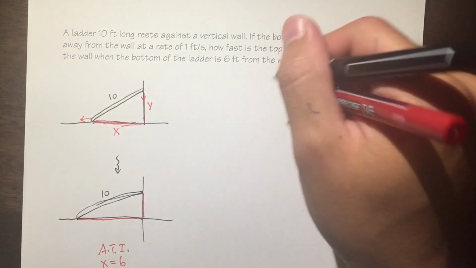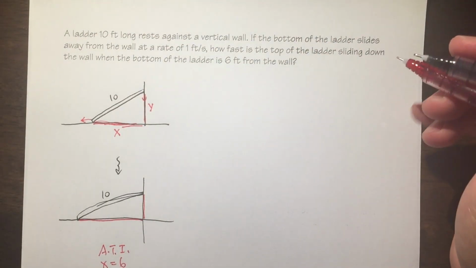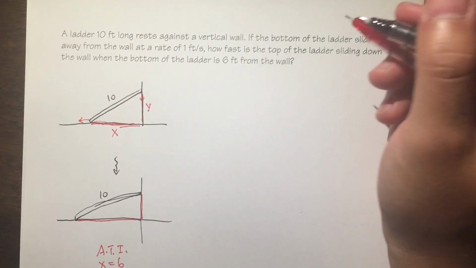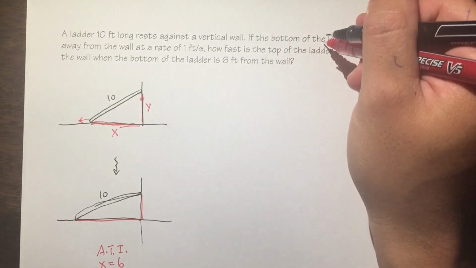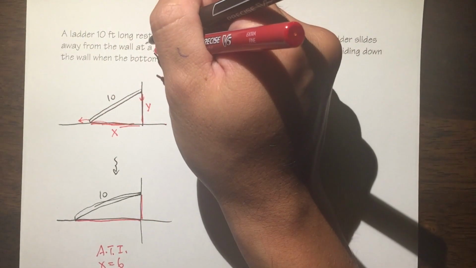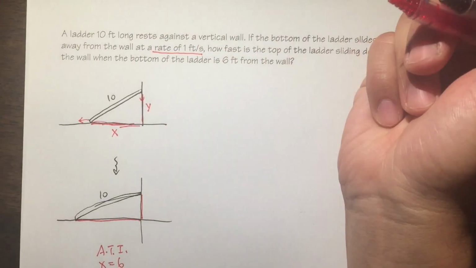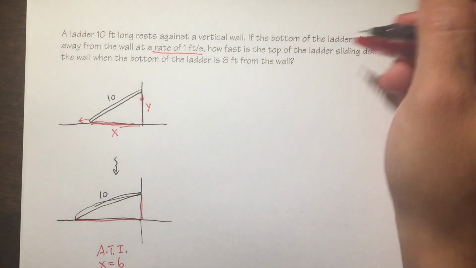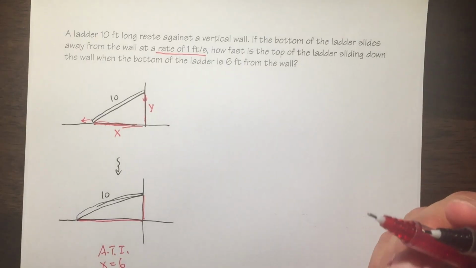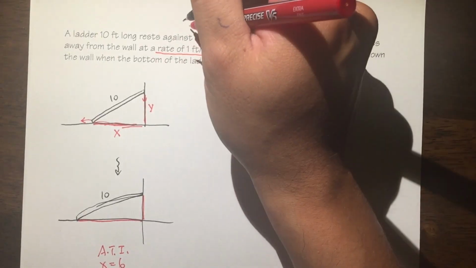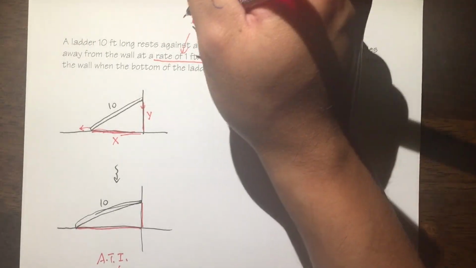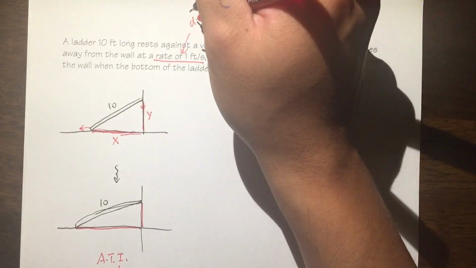And now let's go back to the question and pick up the things that we have. It says the bottom of the ladder slides away from the wall at a rate of 1 feet per second. The bottom, that's the x that we have right here, right? This right here tells us we have d what? dx.